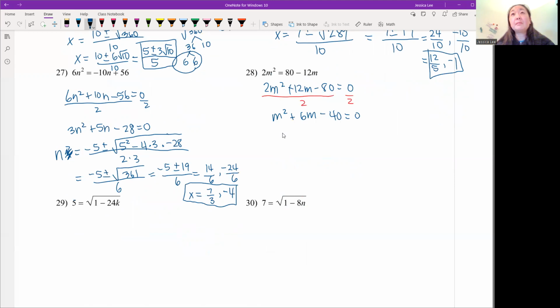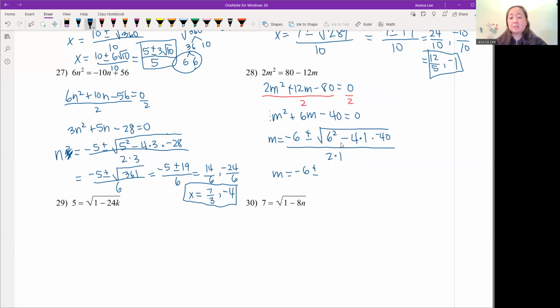I'm sorry. All right, so m is equal to negative b, so negative 6, plus or minus the square root of b squared, so 6 squared, minus 4 times a, which again here is that invisible 1, times c, which is our negative 40, all over 2 times a. m equals negative 6 plus or minus the square root of 36 plus 160.